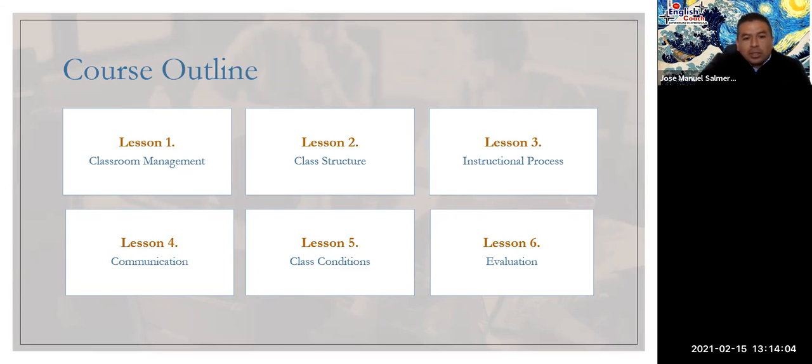So we're not going to evaluate something that they don't know or something that we don't know, right? Because we're actually going to know all of these concepts well. We're going to work with them. We're going to develop these ideas, okay? And everything has to be clear, okay? So we're going to start with the first lesson today that talks about classroom management, okay?